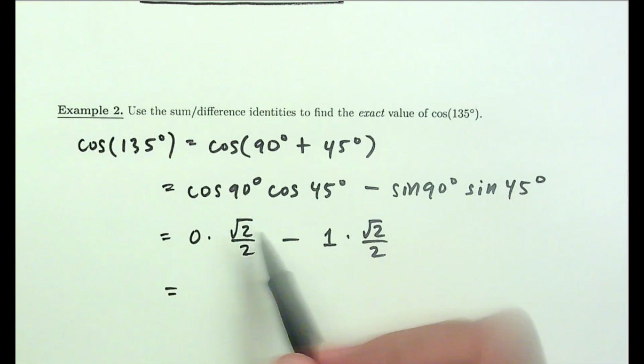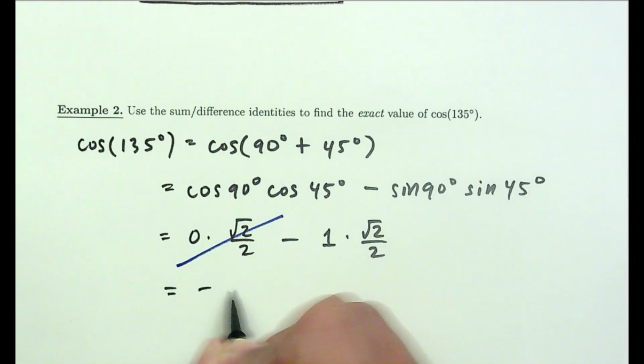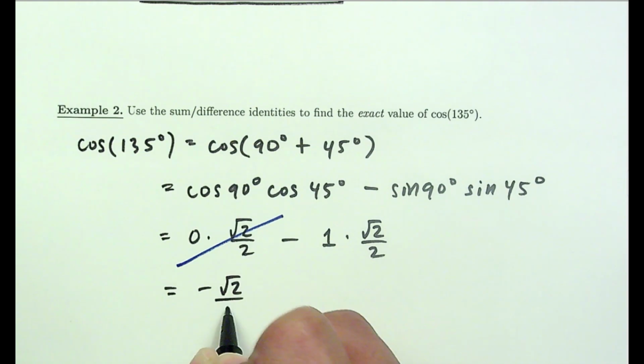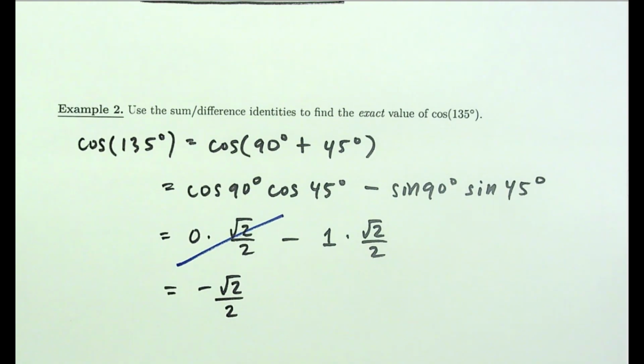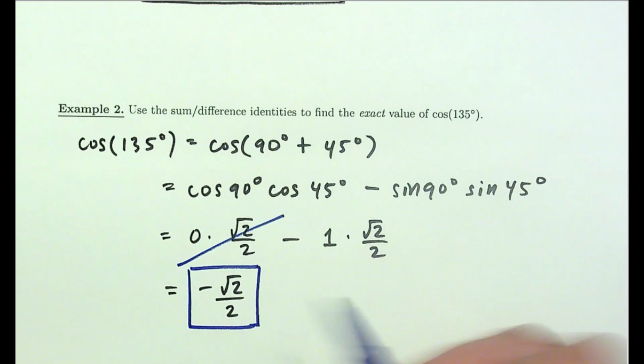Simplifying, 0 times that is just 0, that goes away. And multiplying times 1 doesn't do anything, so this is negative square root of 2 over 2. And that's it. Like I said, that's just one way of doing it because you could have used another combination such as 180 minus 45 degrees.